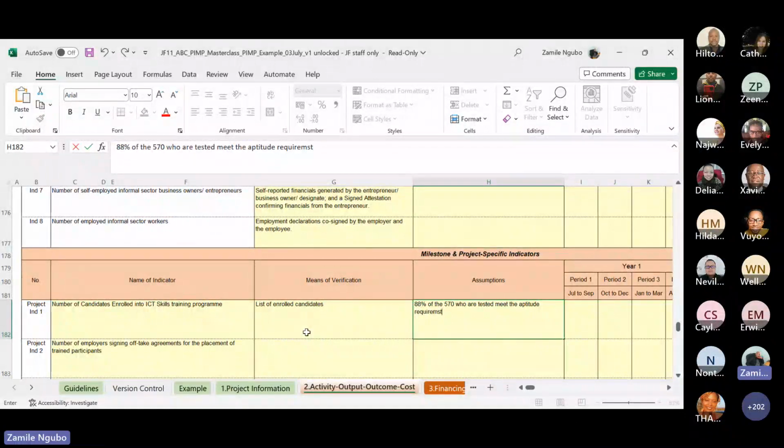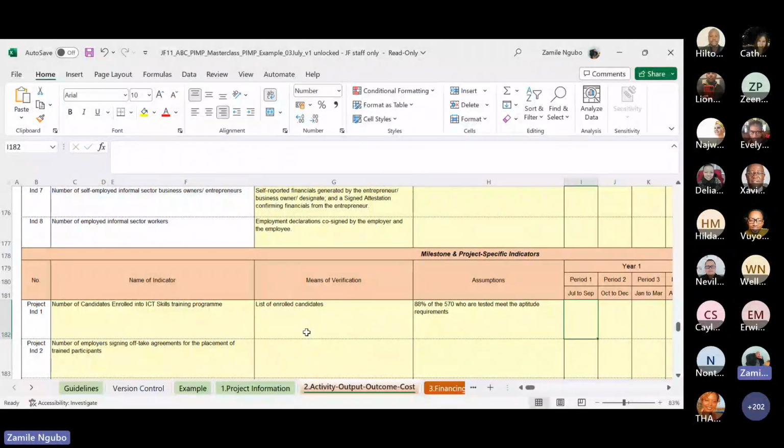So we are left with 500. We have seen the main milestone, it was 500. So here we have enrolled 500 during period 1. There is 500. Then we move to the next.